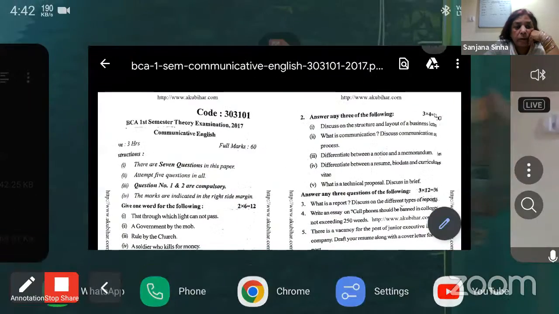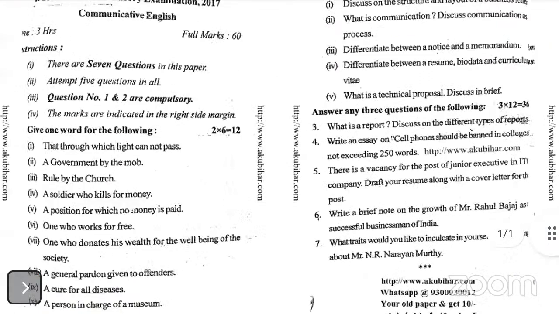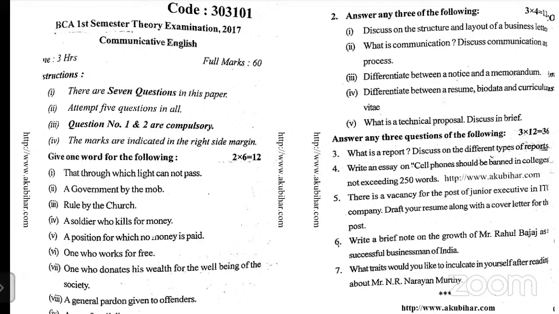Can't find. Yes, ma'am. It's a 2017 paper. My screen is visible. Anand, please confirm. Yes, it is.